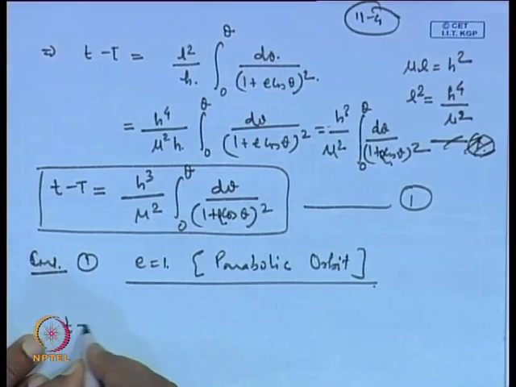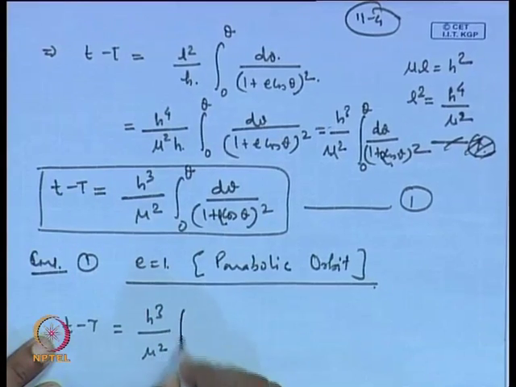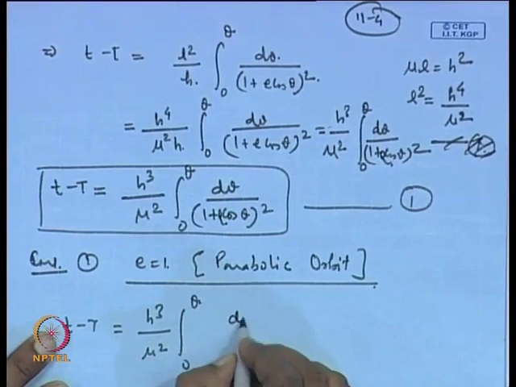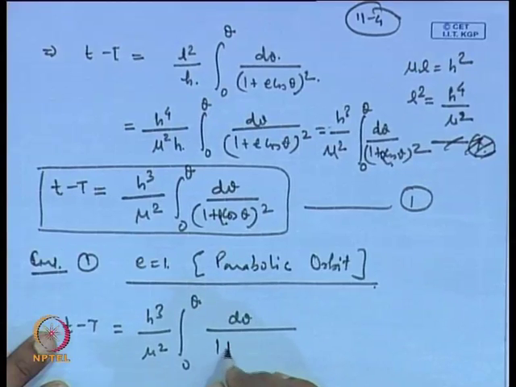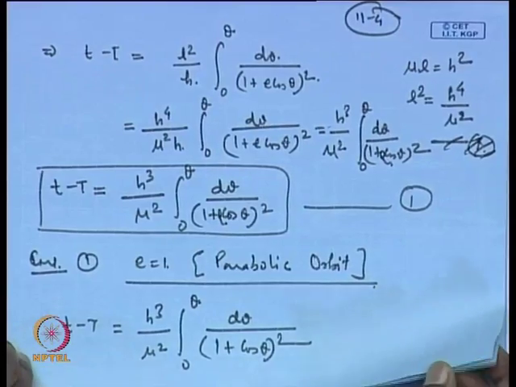So, for e equal to 1, t minus t0 becomes h cubed by mu squared, integral from 0 to theta of d theta by (1 plus cos theta) whole squared. Okay. And this is easy to solve as an integration problem.